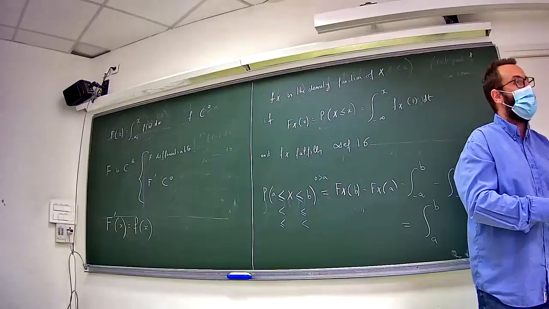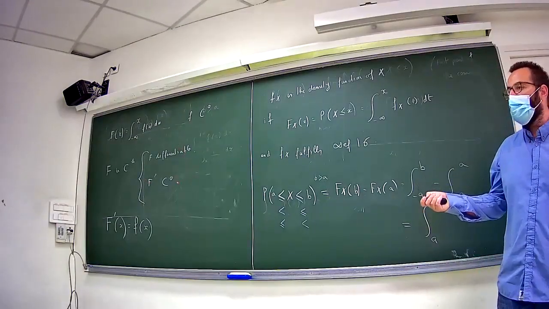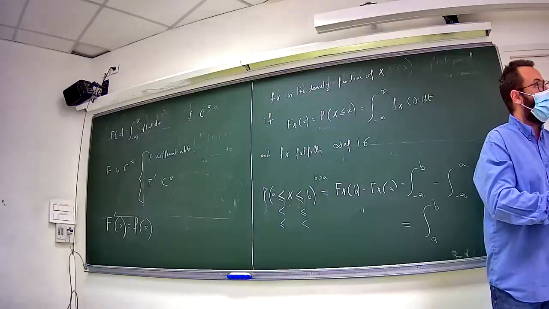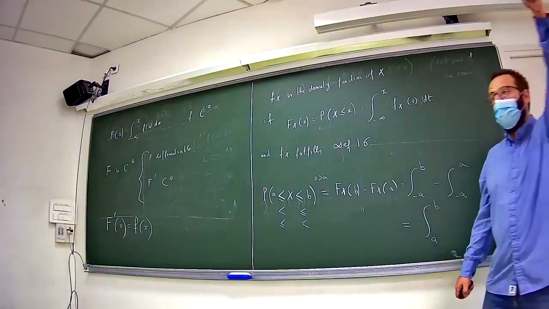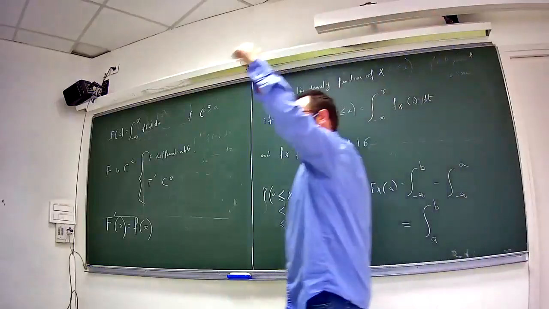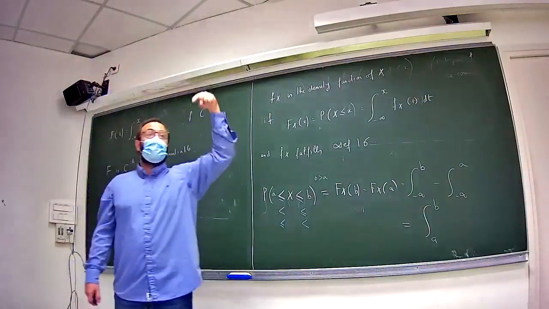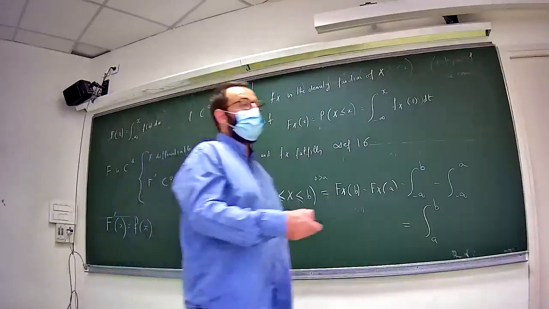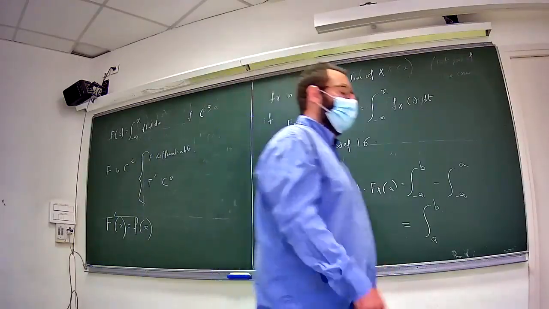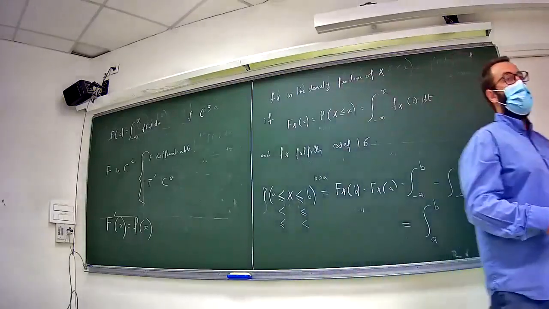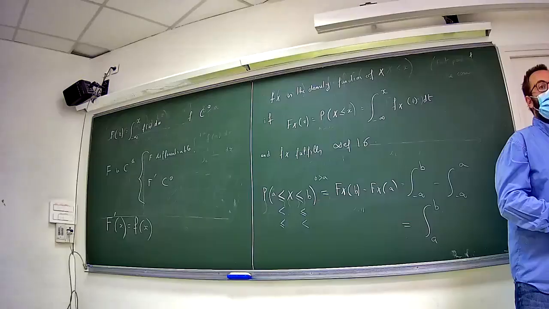I suppose it to be C1, that is differentiable with a derivative that is continuous, not on whole R, but on R except a finite number of points. So I want it to be continuous everywhere, and C1 on R except a finite number of points. In this situation, if you prove that the distribution function has this regularity, then you will obtain the density function as the derivative of the distribution function.